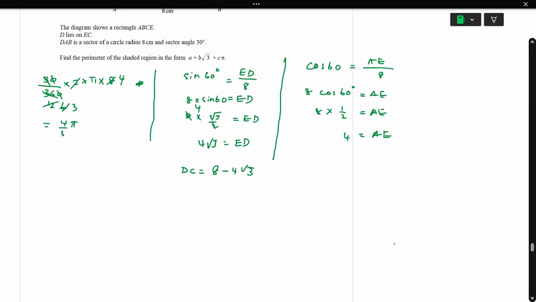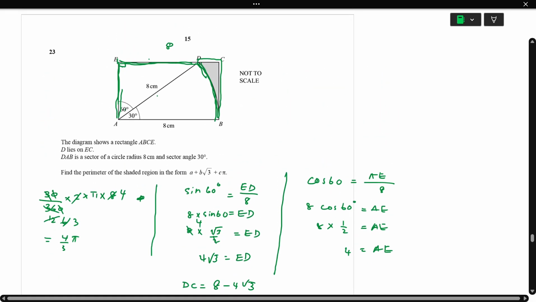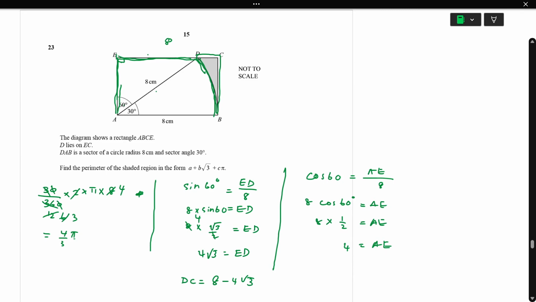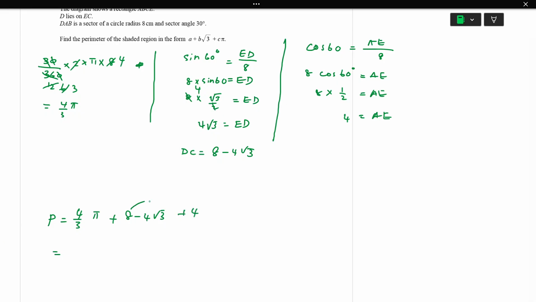So total perimeter equal to DC plus CB plus arc length. We should add all these lengths, that's it. So 4 by 3 pi plus 8 minus 4 root 3 plus 4. So I can add up these 2, which is 12 minus 4 root 3 plus 4 by 3 pi.